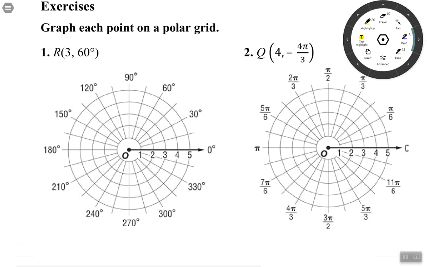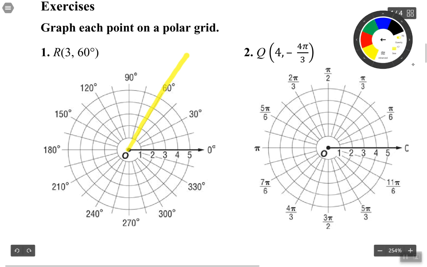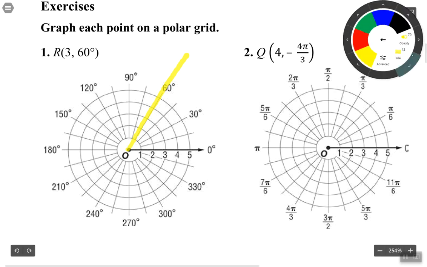All right. So start with the angle. Make it easy on yourself. Starting with the angle, where's 60 degrees? Is it out here? Is that 60 degrees? I'm highlighting it. There's 60 degrees. Where is a radius of 3? So a radius of 3: 1, 2, 3.